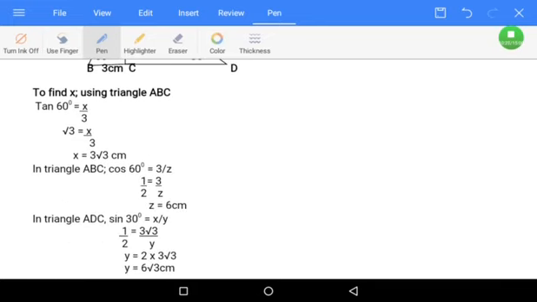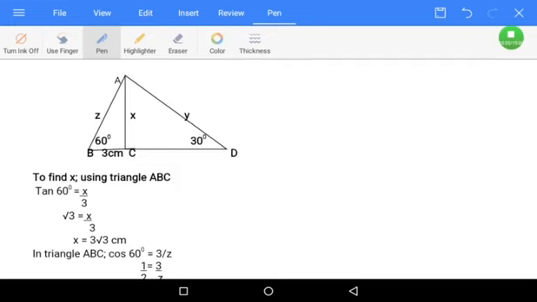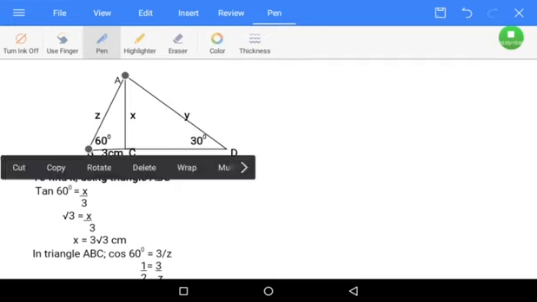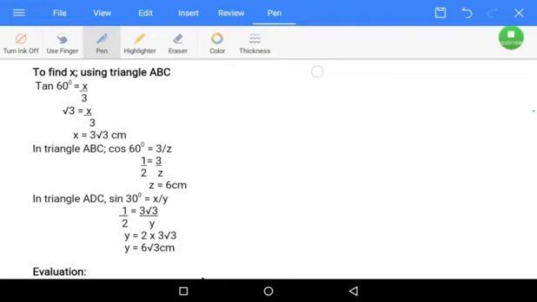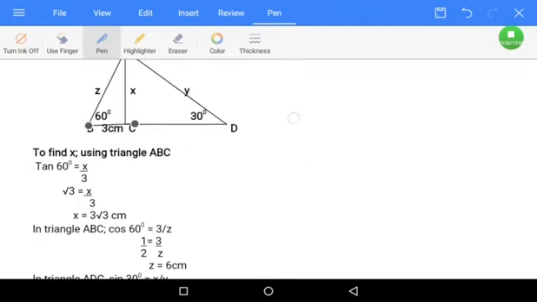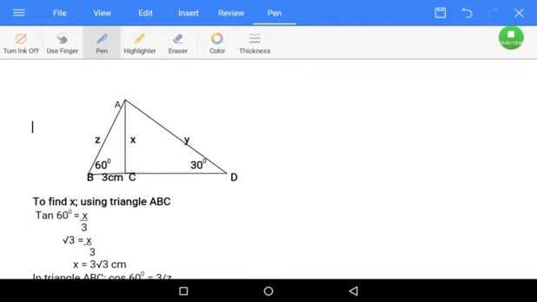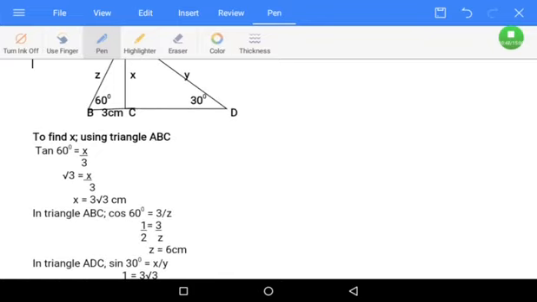Okay, in triangle ABC, can you see that triangle? So let's find z. How do we find z? For z, we have 60 degrees here, we have 3, we don't know z. What trig ratio is combining 60?